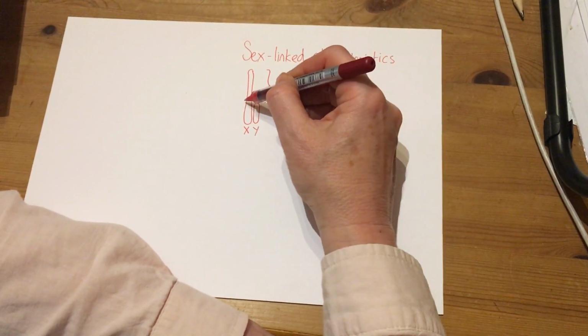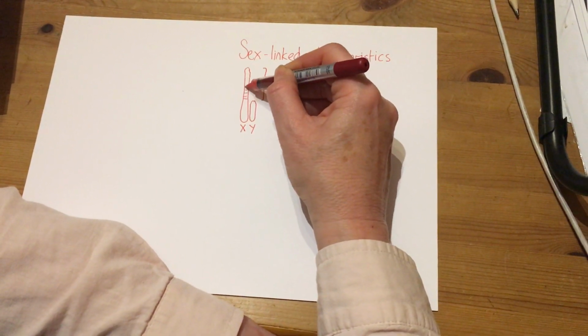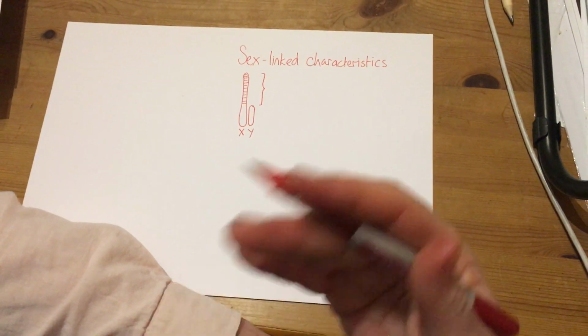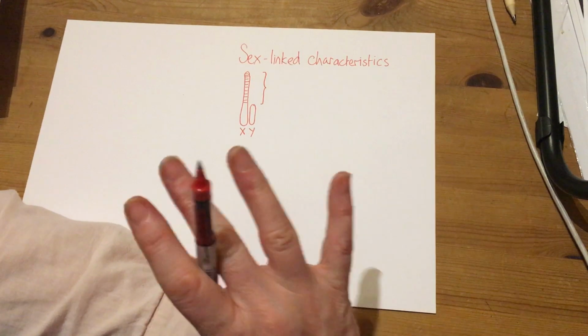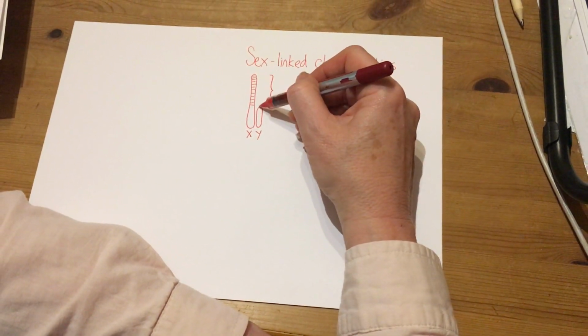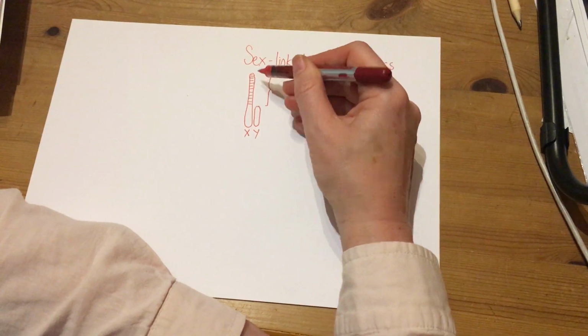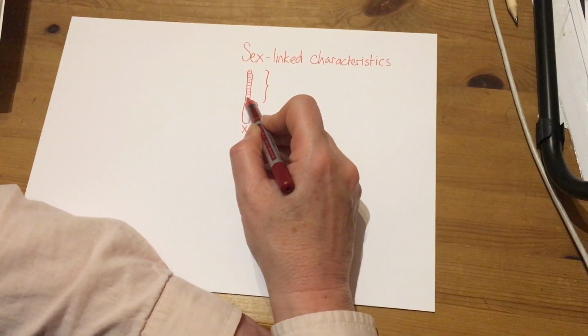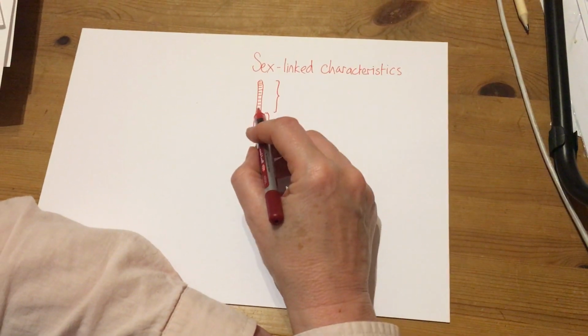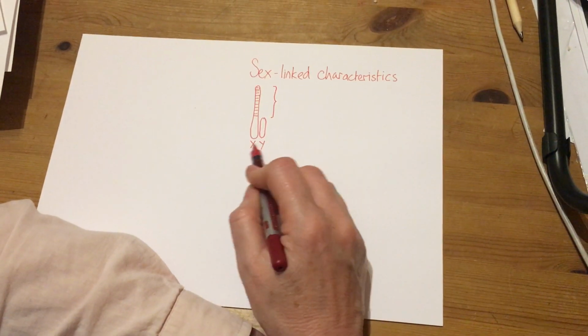So any genes that appear on this section of the chromosome will be expressed in the phenotype regardless of what's on the Y, because there is no option on the Y. So if this is a recessive genotype, it will get expressed, and if it's dominant, it will get expressed in the males.